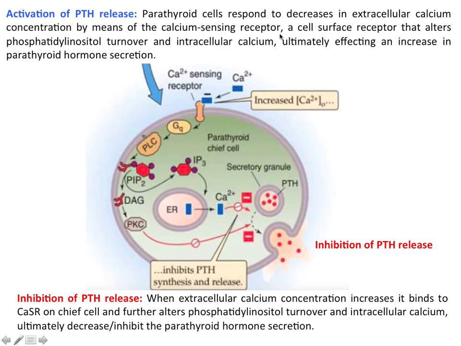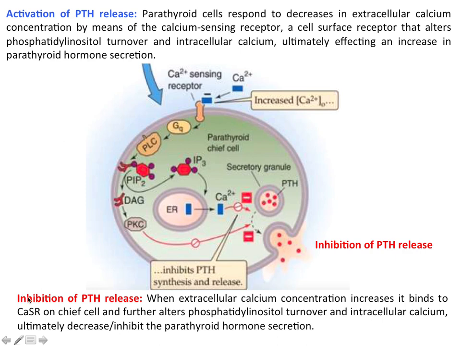So it alters the phosphatidyl inositol turnover and intracellular calcium, and ultimately affects an increase in parathyroid hormone secretion. So parathyroid hormone is secreted when there is a decrease in calcium ion level in the blood.